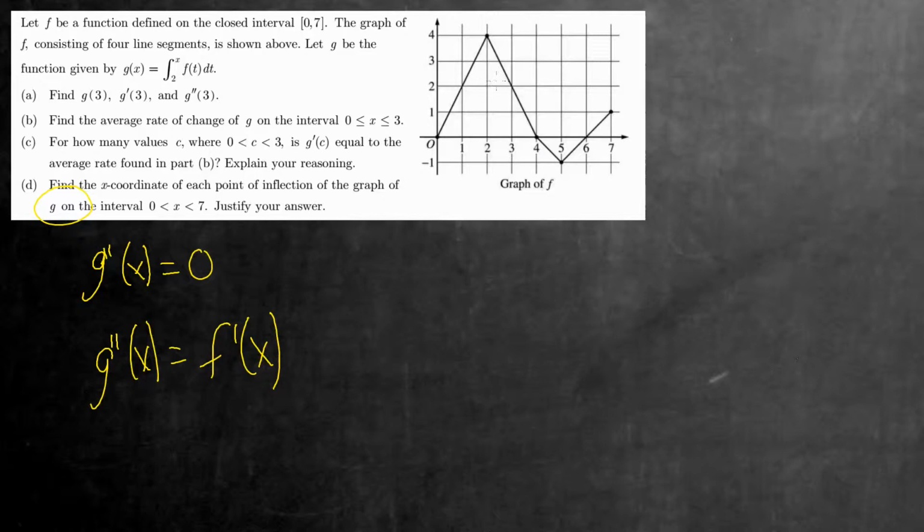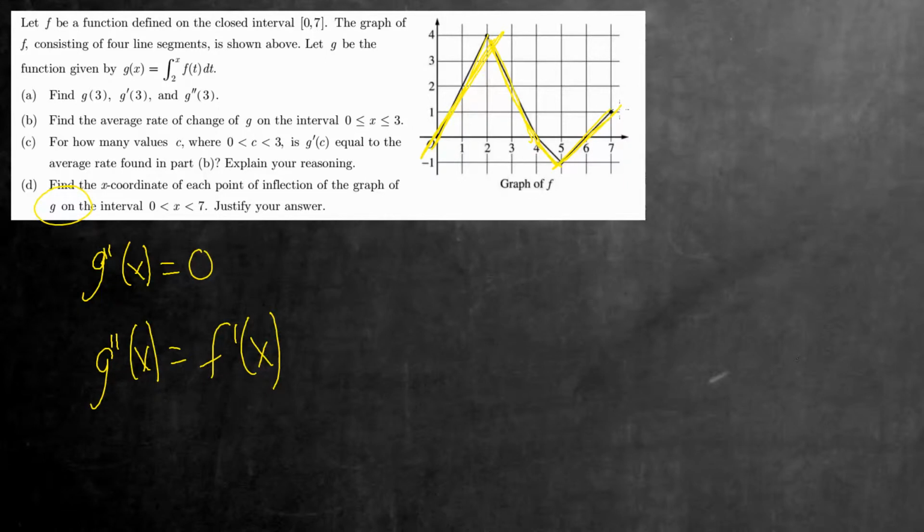So f prime is 2 from 0 to 2. It's negative 2 from 2 to 4. It's negative 1 from 4 to 5. And it's positive, looks like positive 1 from 5 to 7.